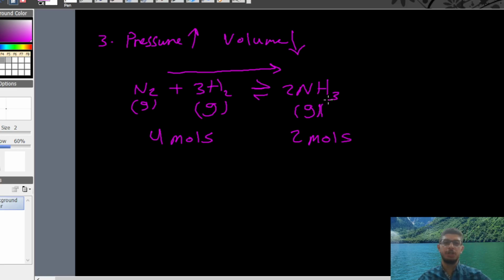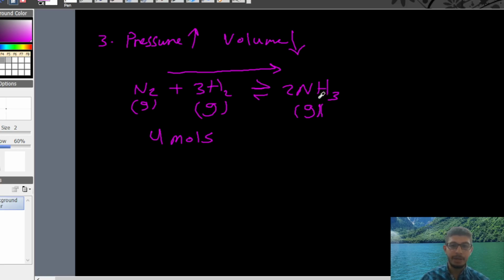When you increase pressure, the equilibrium is unstable, so it wants to maintain its ratios. You got me, right? So when pressure increases, the reaction will shift towards the side with the lowest number of moles, which is the products.